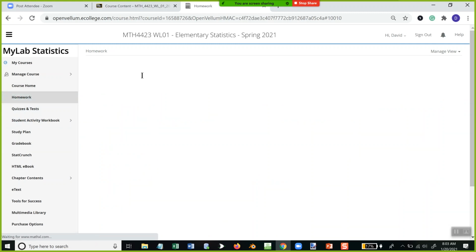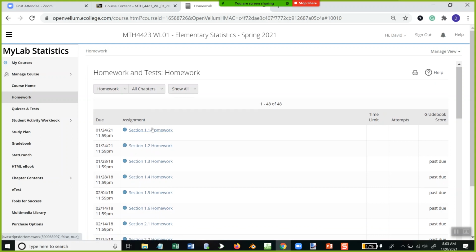You could do them here. You see, there's two links here. I'll also show you another place where they're at. These say past due. Don't stress about that. That's just because I copied over from a previous course, and I'm not going to change the dates on it until we cover that in class. So now, if you do want to work ahead because you got something coming up, a surgery, a trip, or something like that, I can open them up. So it's not a big deal in that regard.